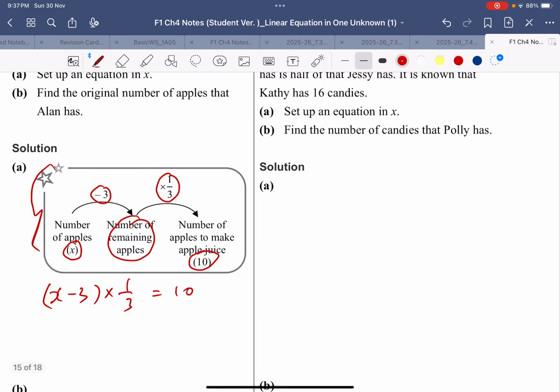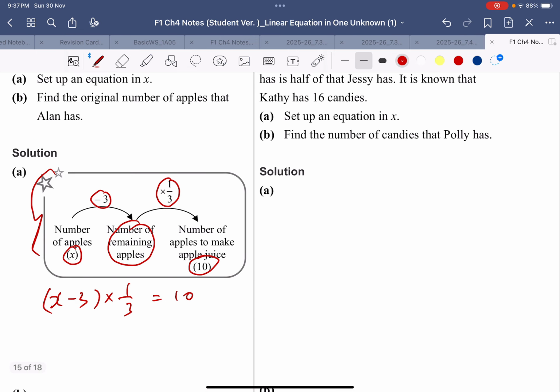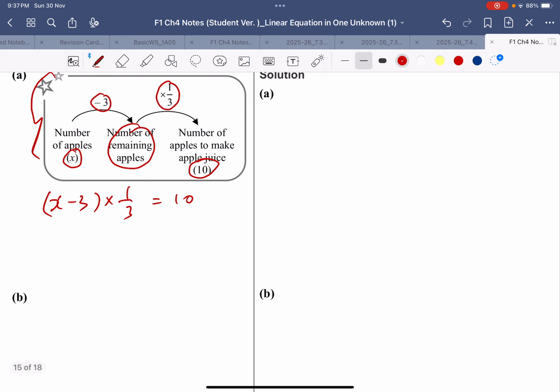And solve for x. Okay, find the original number of apples. That means solve for x. Okay, bring it down. We can move this to the right, multiplying by 3. x minus 3 here.